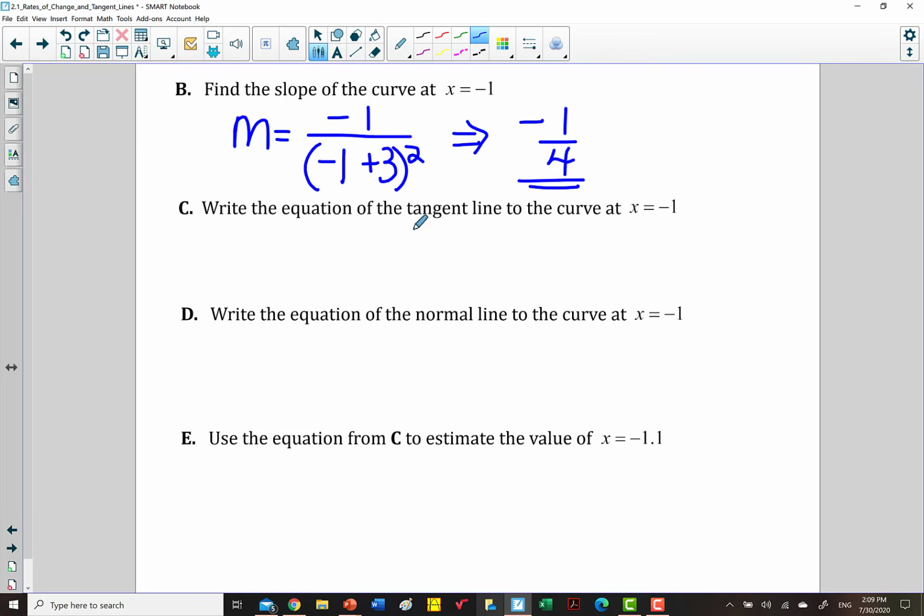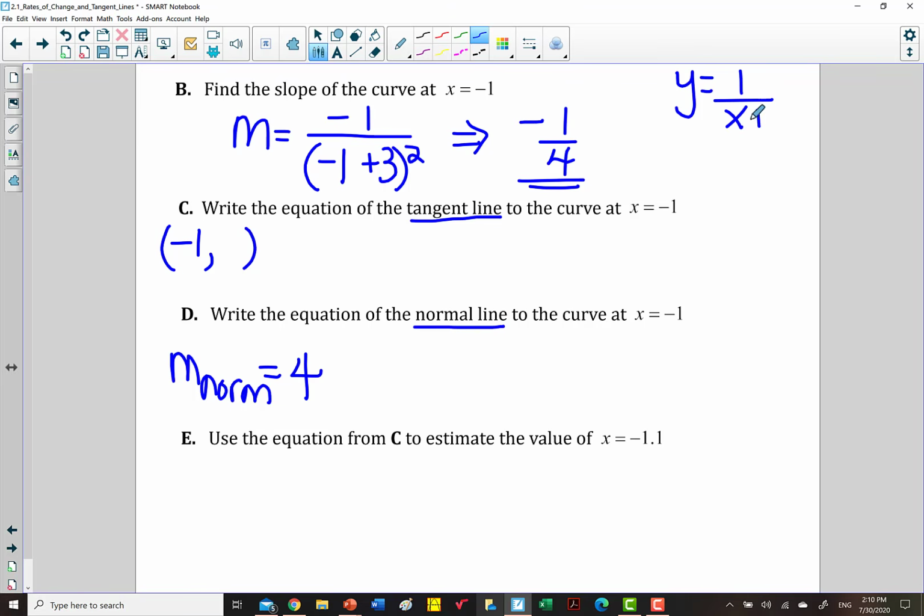And notice they're asking us to write the equation of the tangent line and then write the equation of the normal line. So not only do I need the slope, down here the slope of the normal line is going to be opposite of negative, so it's going to be positive, and the reciprocal of 1/4 is going to be positive 4. But I also need to have an x and a y value. And the function we said was 1 over x plus 3.